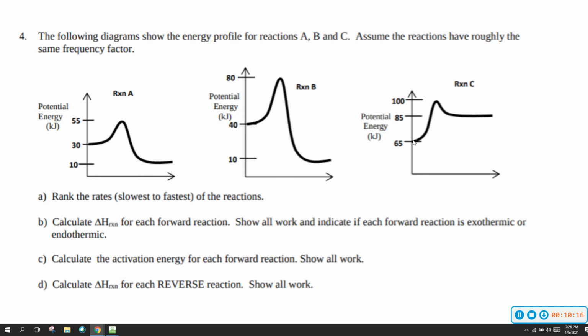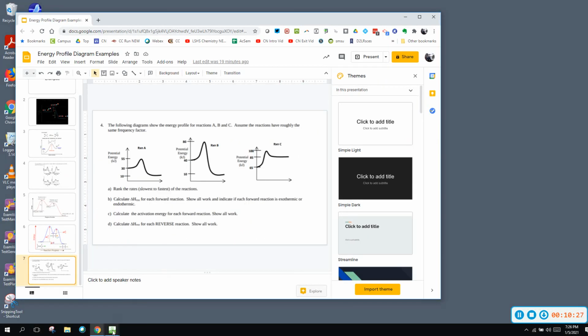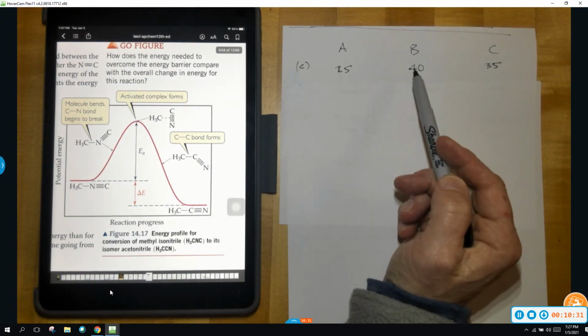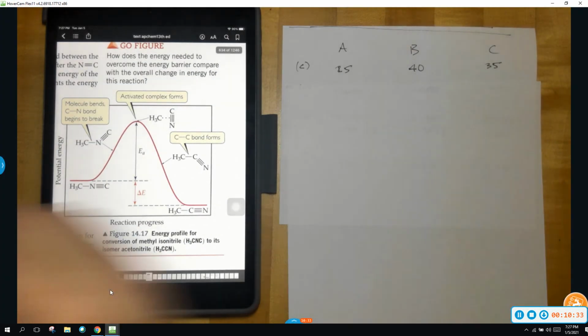And then for letter C, we go from 65 all the way up to 100 right here. And so 65 to 100 is 35. And so just skipping out of here really quickly, you can see that I have A being 25, B being 40, and C being 35.